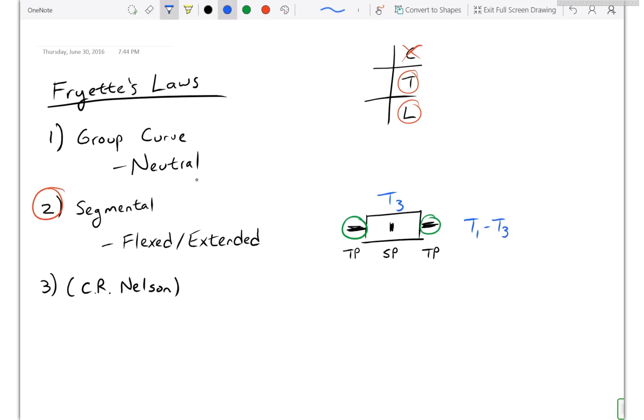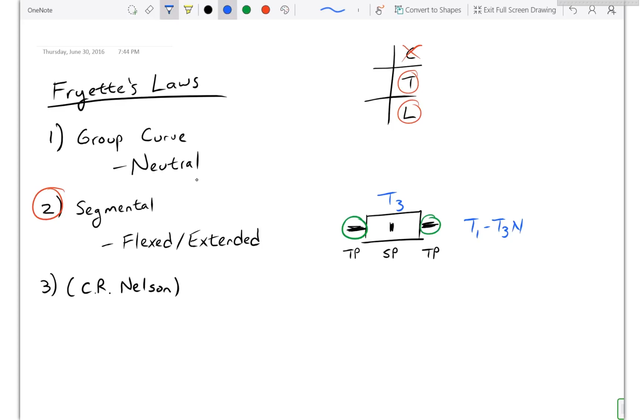Now, instead of it being flexed or extended, type 1 somatic dysfunctions are always going to be neutral, meaning that if you flex or extend, you're not going to see the asymmetry go away. So we call group 1 or group curves or type 1 somatic dysfunctions a neutral curve. So instead of writing flexed or extended, we say T1 to T3 neutral.